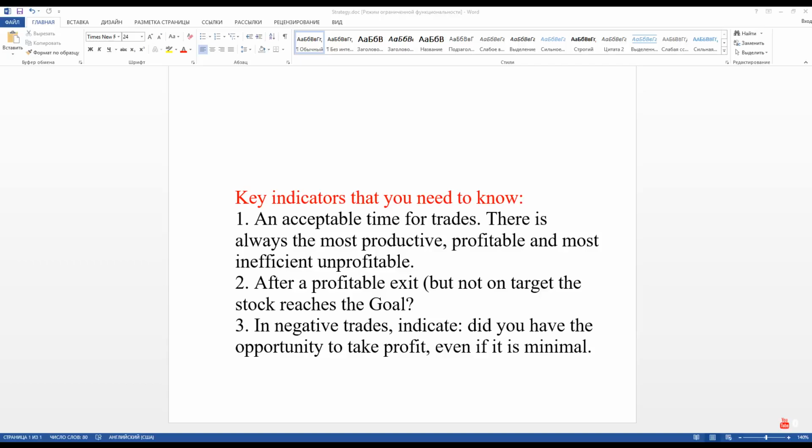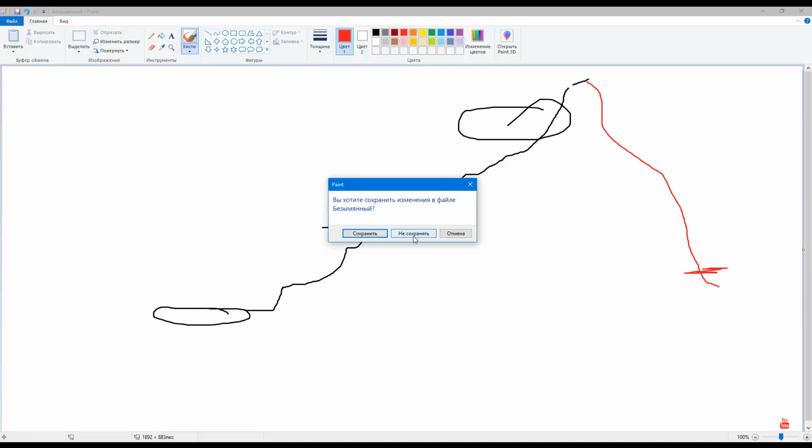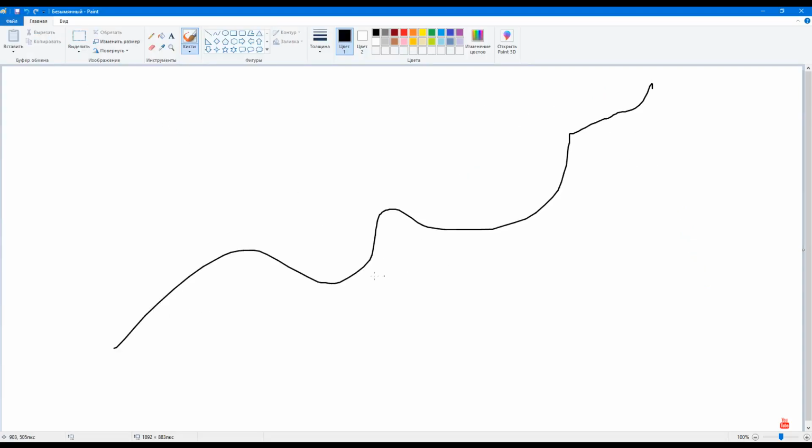Second point, after a profitable exit but not on target, did the stock reach the goal, yes or no? So it means, for example, I buy this and maybe cover position in this area, and after a few days, maybe after a few hours, the cryptocurrency price goes to your goal.